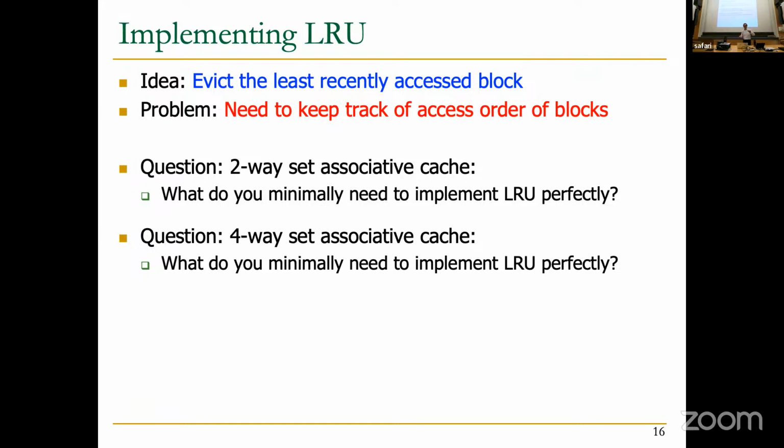Yes. That is a correct answer, but it's not a correct answer to this question. That's what you would do if you want to minimize your headache when you implement hardware. 2 bits per block enables you to specify which order you have per each block. So in a 4-way associative cache, it's 2 times 4, which is 8 bits.